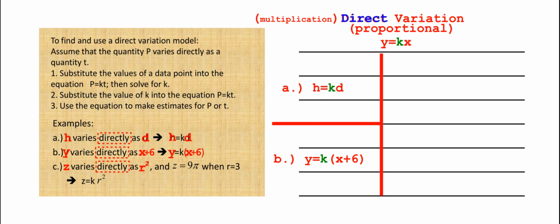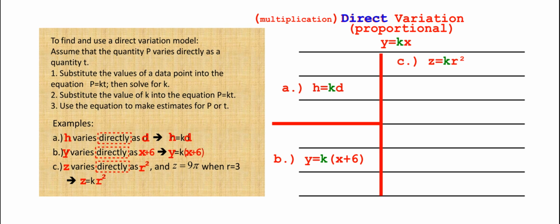Now the next portion of our statement is giving us a coordinate point: z is 9 when r is 3. In some cases, you may get a question such as, what is z when r is 25, for instance? But we don't have it in this case. But for this one, z equals k times r squared.